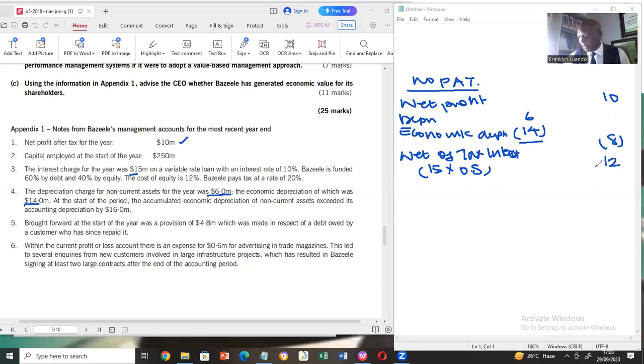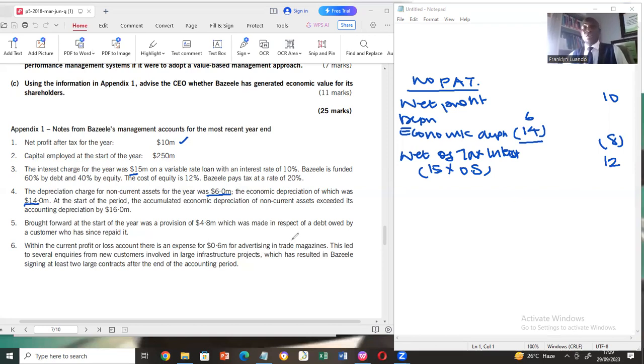And then we have the decrease in provision for bad debts. It was added, but that's not cash, you remove it. If you check here, item number 5 brought forward at the start of the year was a provision of 4.8, which was made in respect of a debt owed by a customer, which has since repaid. So that was a reduction.